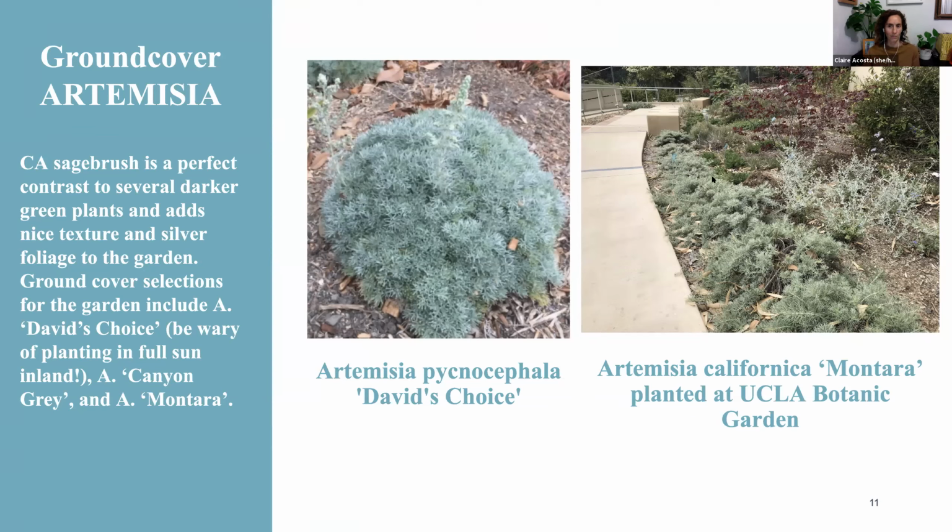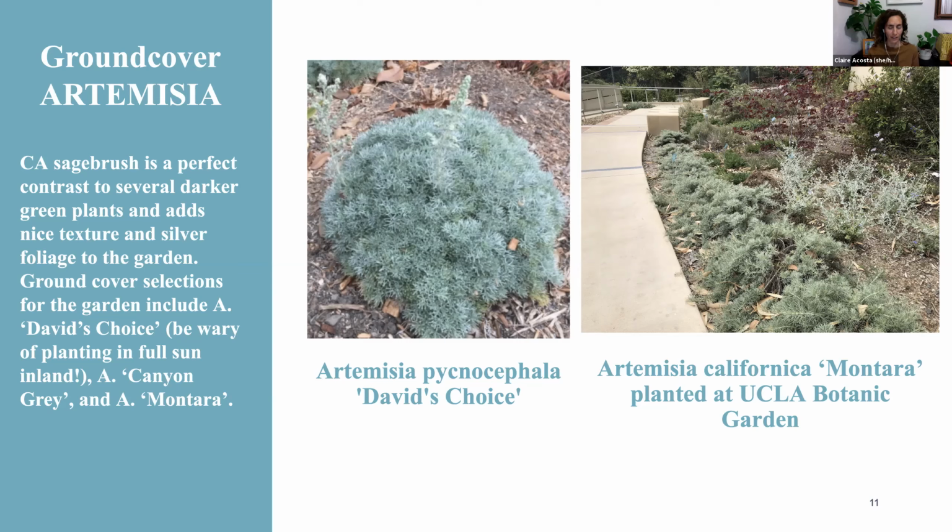And also the texture, there's this feathery leaf, so that's a really nice textural difference. And they smell great. I didn't mention this, but they're fragrant, so they're lovely along a pathway like this, because you get that nice smell on a warm day. So they are great for lots of reasons.